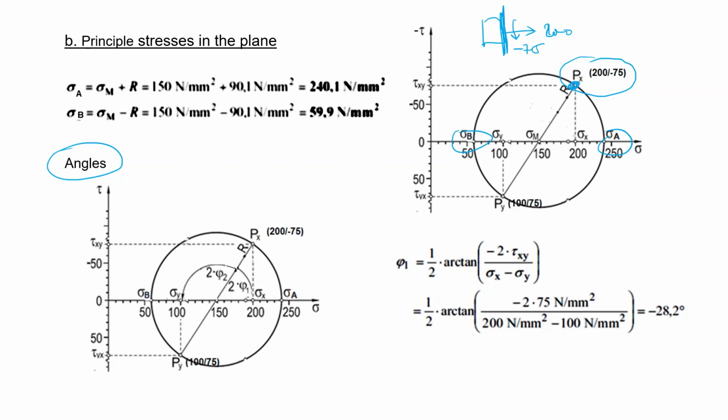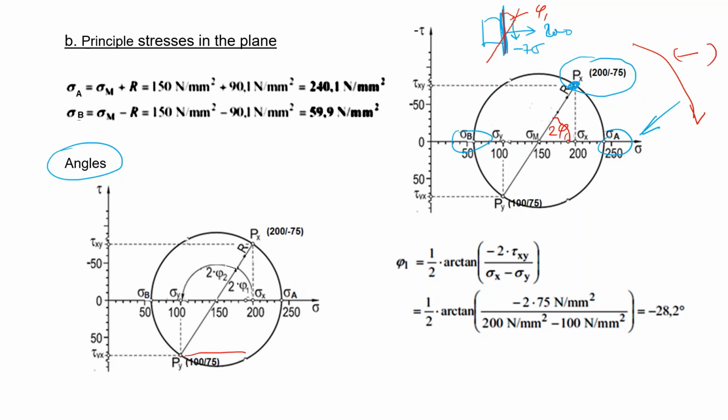In order to reach the first principal plane, I have to rotate this surface by an angle phi1. On the Mohr circle, it corresponds to 2 phi1. What I need is to determine this phi1. This phi1 is a rotation in the clockwise direction, so it is minus.